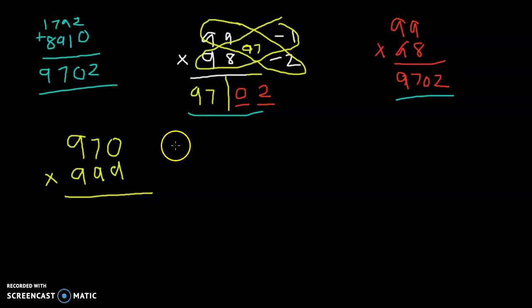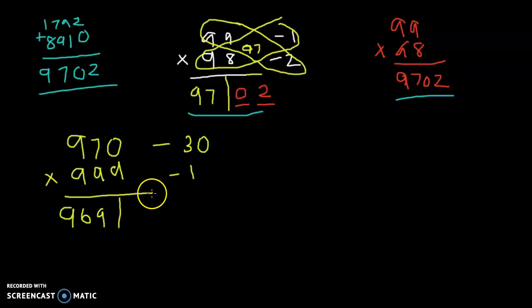So we'll use Vedic math. This is -30. The base is 1000. This is -1. So 970 minus 1 is 969. Make a partition. 969.